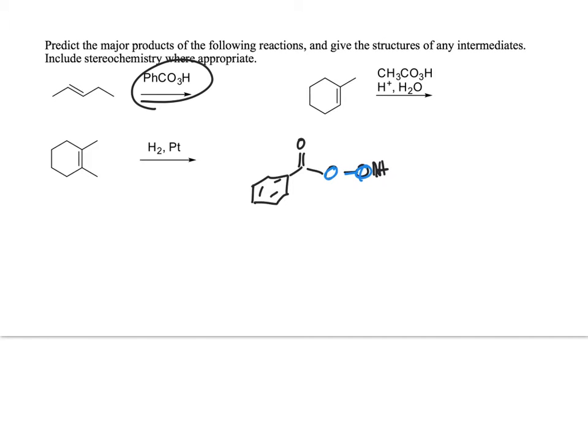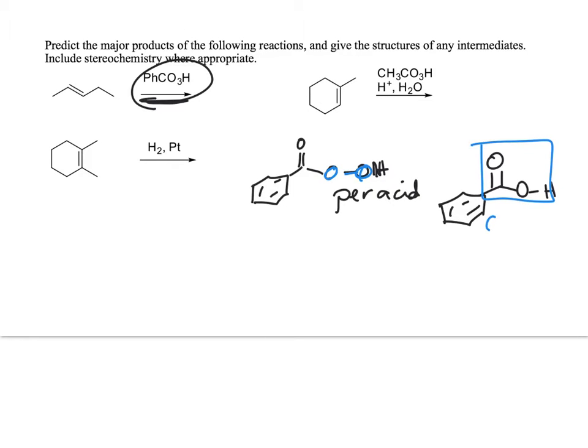And so if you react a peracid, this is called a peracid. Benzoic acid is a carboxylic acid, so the functional group you need to know is a carboxylic acid. So this is a peracid. You can see there's an extra oxygen there.